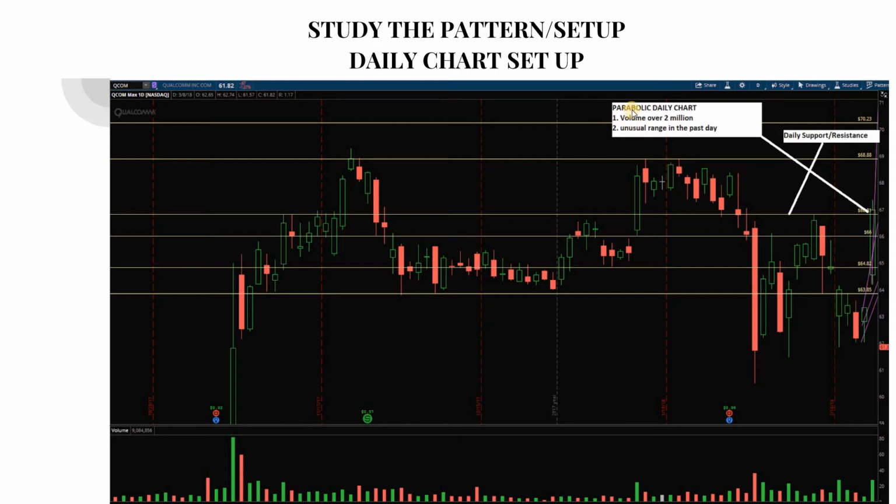So based on my criteria of what I want to see in the stock, it popped up. This is what I want to see on every stock. Part of my criteria is that I want to see daily charts like this.